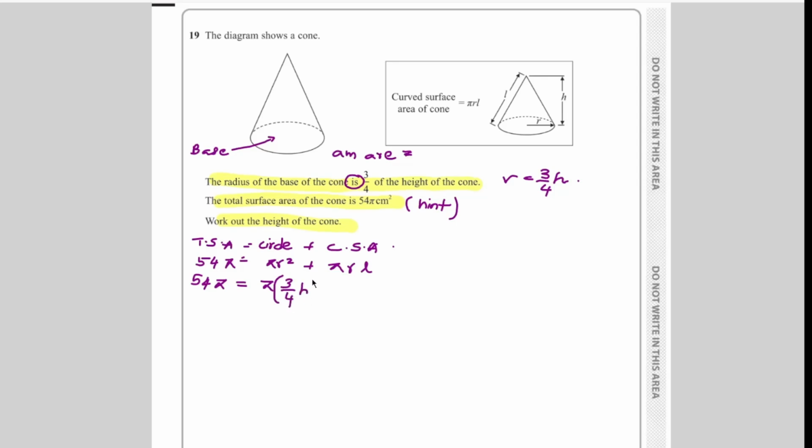So let's input it. R is 3/4h. Now students tend to make this mistake. They don't square this 3/4. Everything has to be squared because this is r squared. So put brackets and make it squared, plus π.